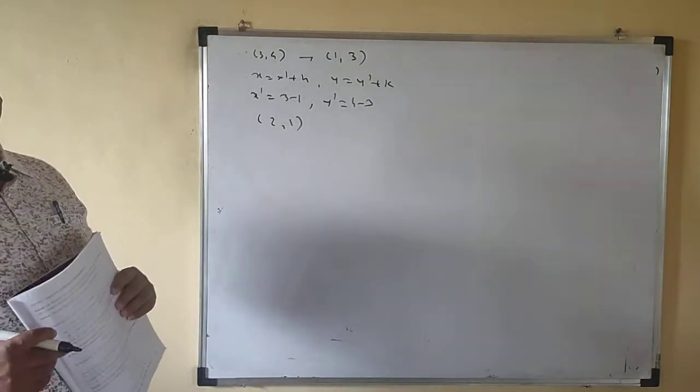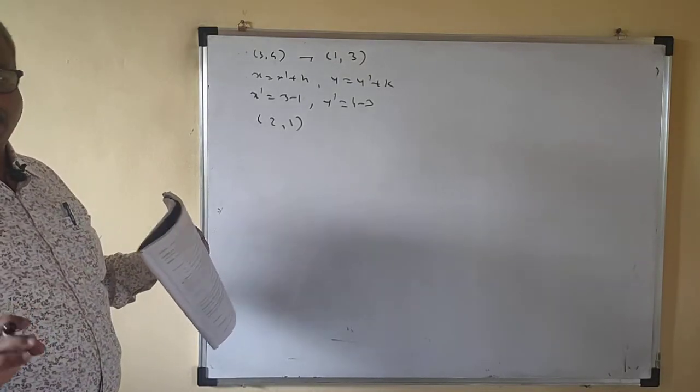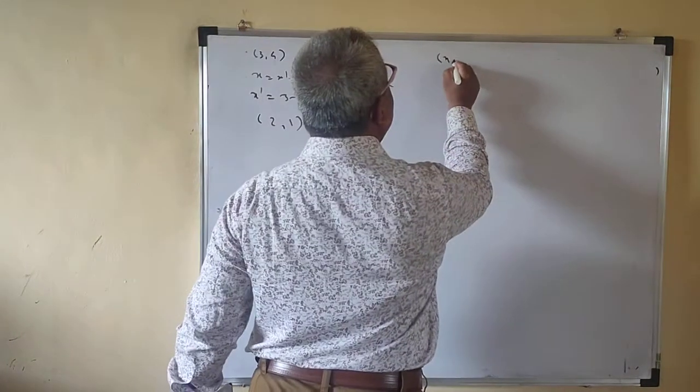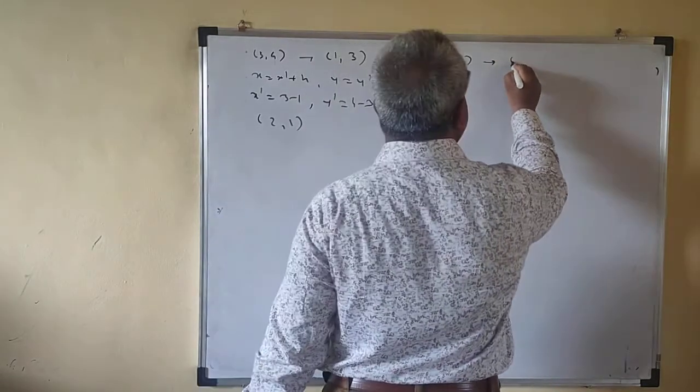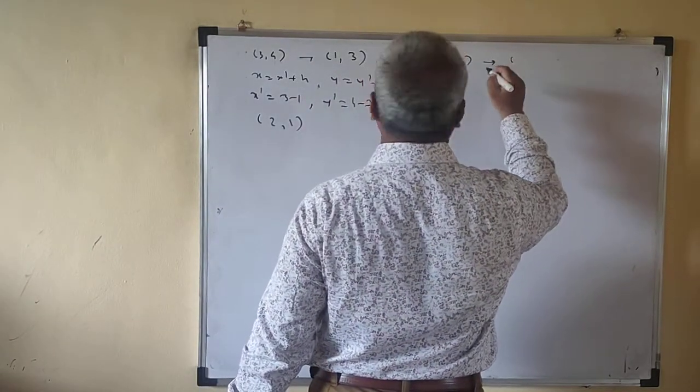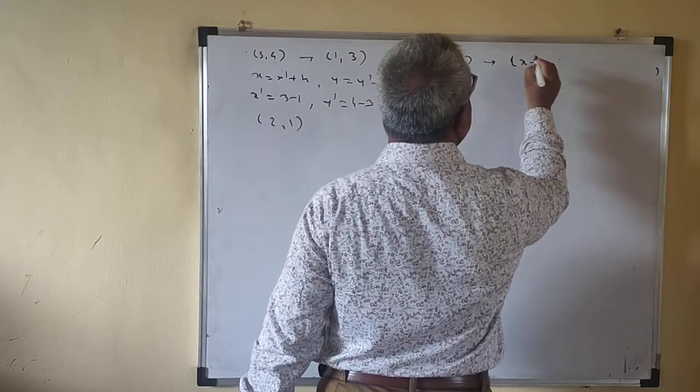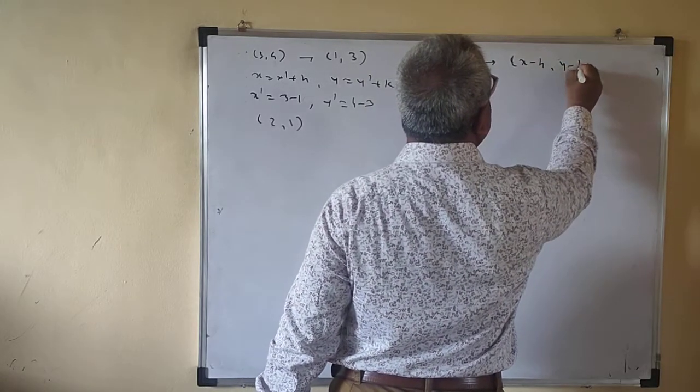In this way you also can do this one. Just remember this is the formula. These are the old coordinates. If you want to find the new coordinates, the new coordinates are x minus h, y minus k.